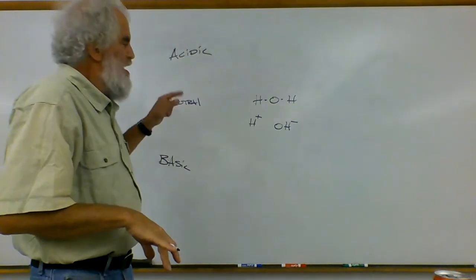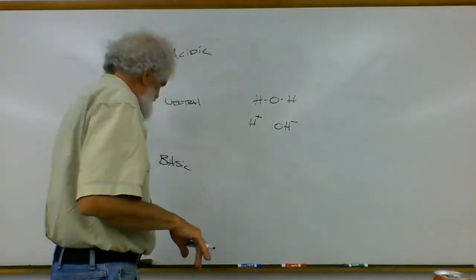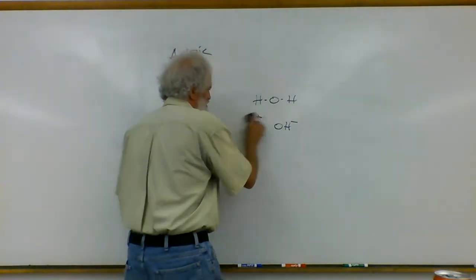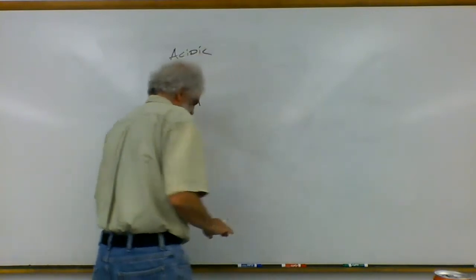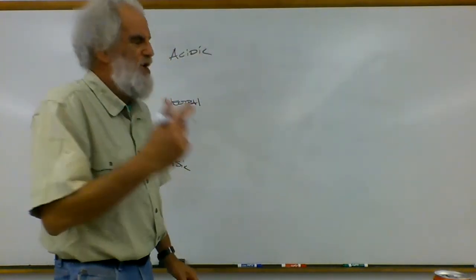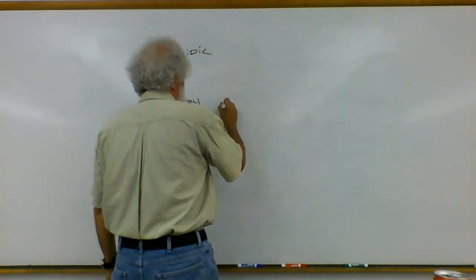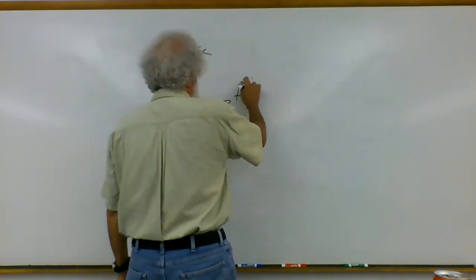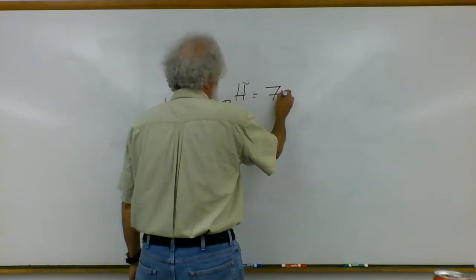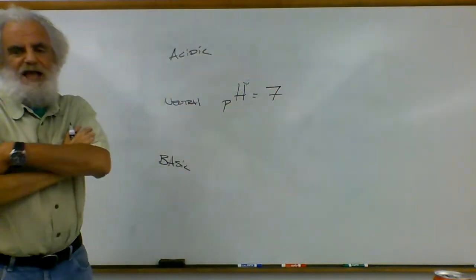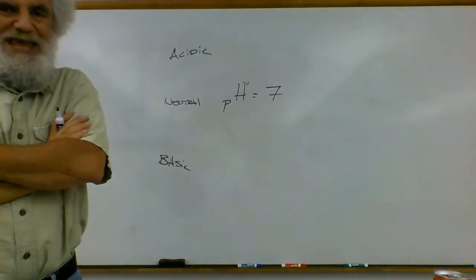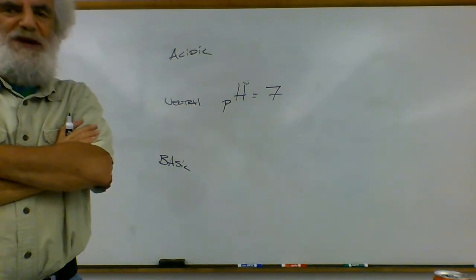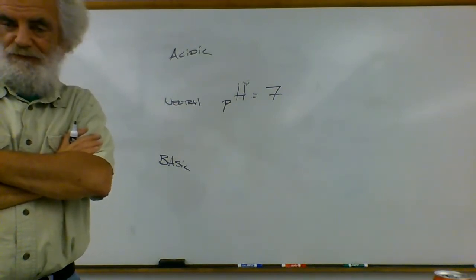So 1 times 10 to the minus 7 moles of hydrogen in water, we take the P function, we call that a pH of 7. So, neutral pH is 7.